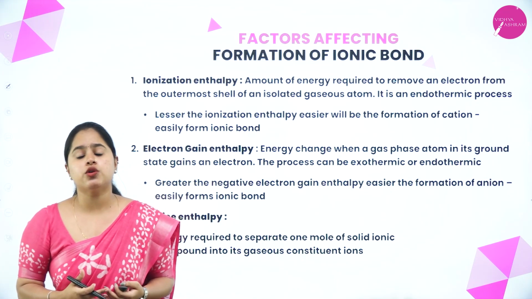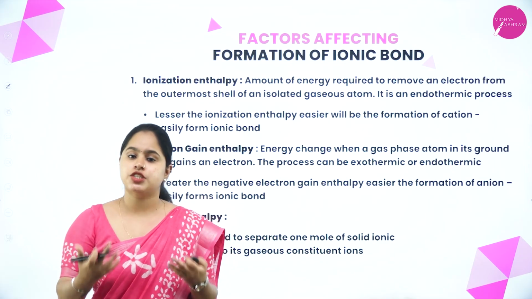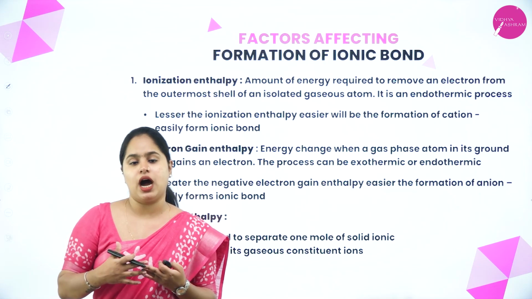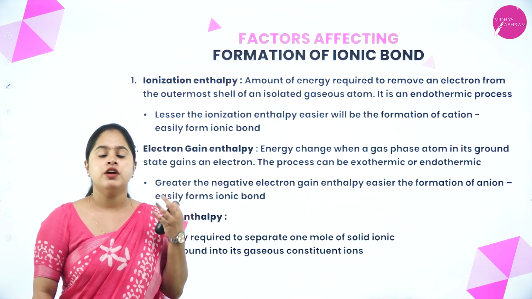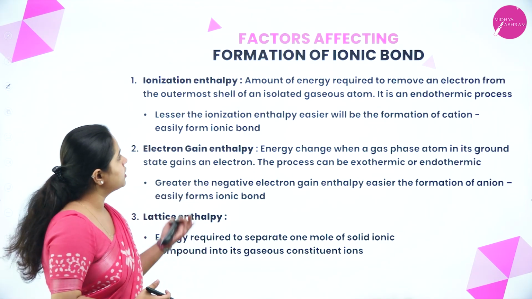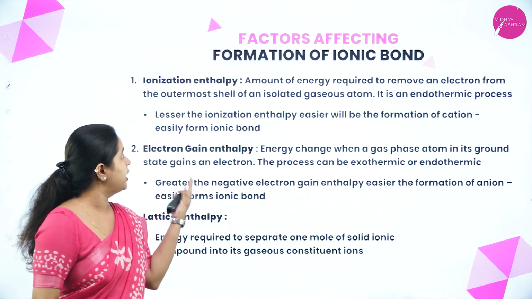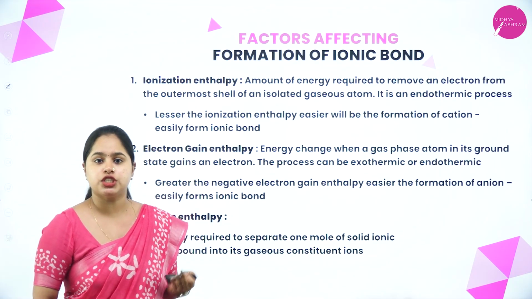Now, we are going to discuss the different factors which affect the strength, or how the different factors will affect the formation of this ionic bond. So, the first one is ionization enthalpy, which we have already studied in the last chapter. So, what is ionization enthalpy? It is the amount of energy required to remove an electron from the outermost shell of an isolated gaseous atom.